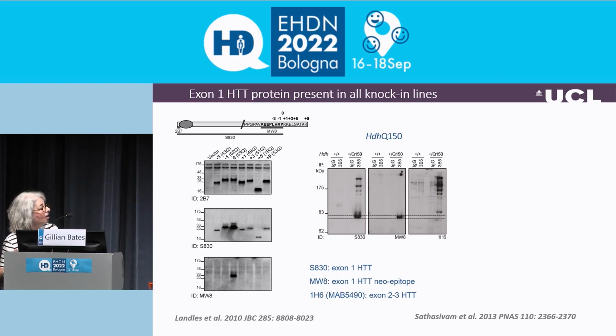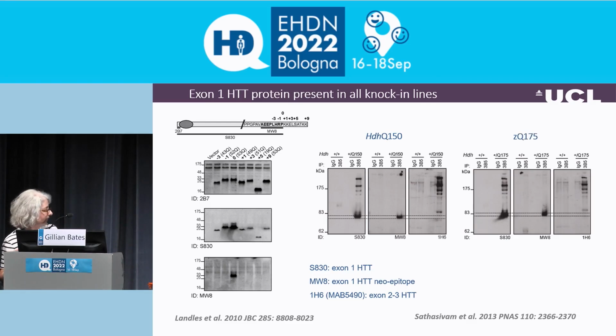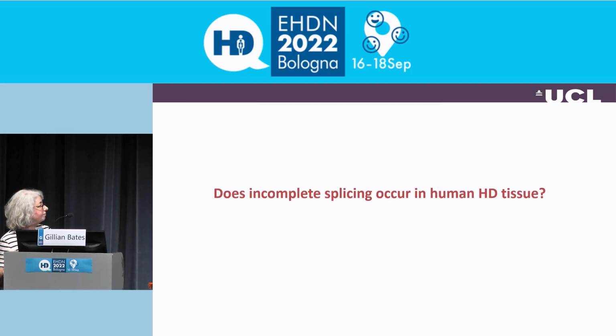So we're pulling down all of the mutant Huntingtin, probe with S830, you see a pattern of bands, probe with MW8, you just see one band, that's exon 1, it ends in proline. And then probe with an antibody to exon 2, 3, there's nothing there. So that pattern is exon 1 protein. And here's another knock-in model, and we see it again. So HTT1a makes this exon 1 protein in knock-in mice.